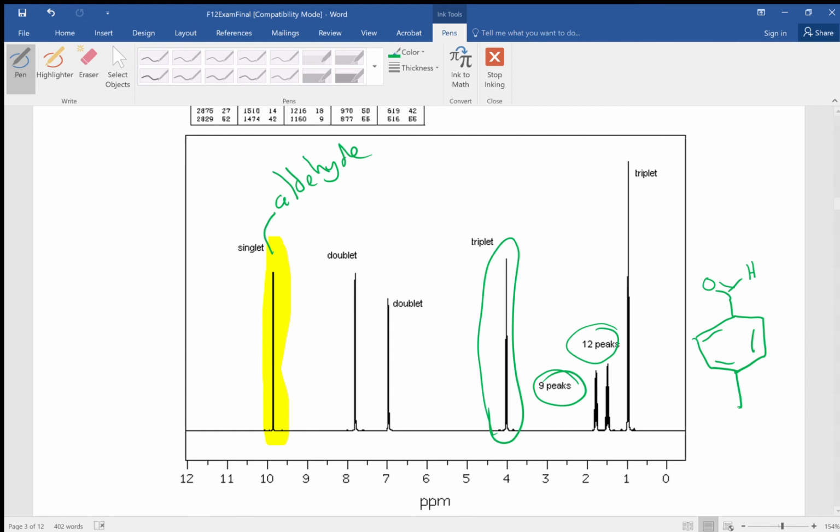And the reason that that's important is what it means is we can't have something like this, CH2O, CH2, and so on. Because if we have something like that, that means we'd have 2 carbons next to the oxygen, and that means we would have 2 peaks in this 4 ppm range. So I'm going to start by putting the oxygen in here, and then just drawing a 4 carbon chain. And we'll see if that makes sense.